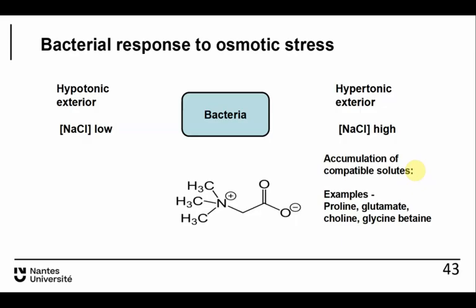An amino acid, except it's got these methyl groups on the nitrogen here, so it doesn't really change the pH very much, the concentration of this molecule. So all of these small organic molecules that carry some kind of charge have the ability to retain water. Okay, so that's how bacteria will kind of react to growth in higher sodium chloride concentrations.